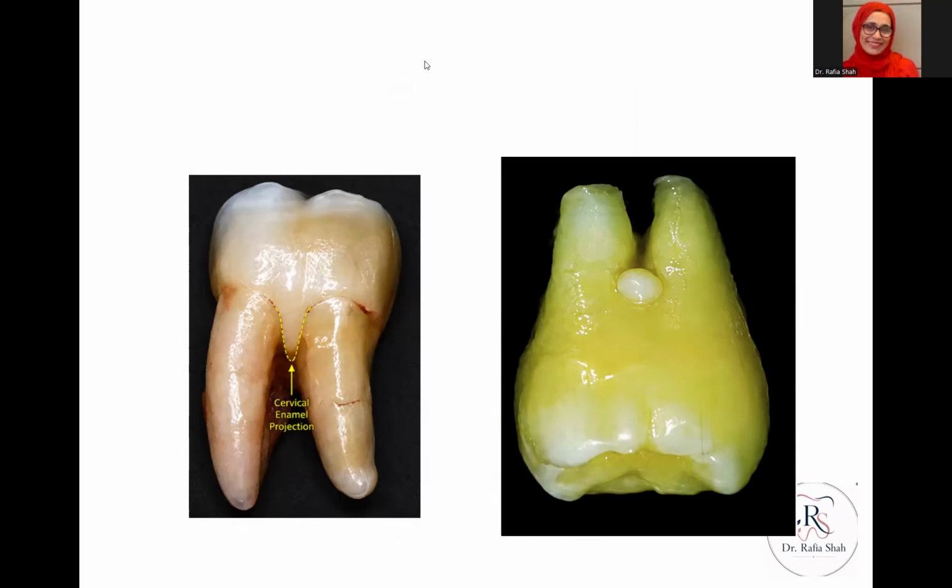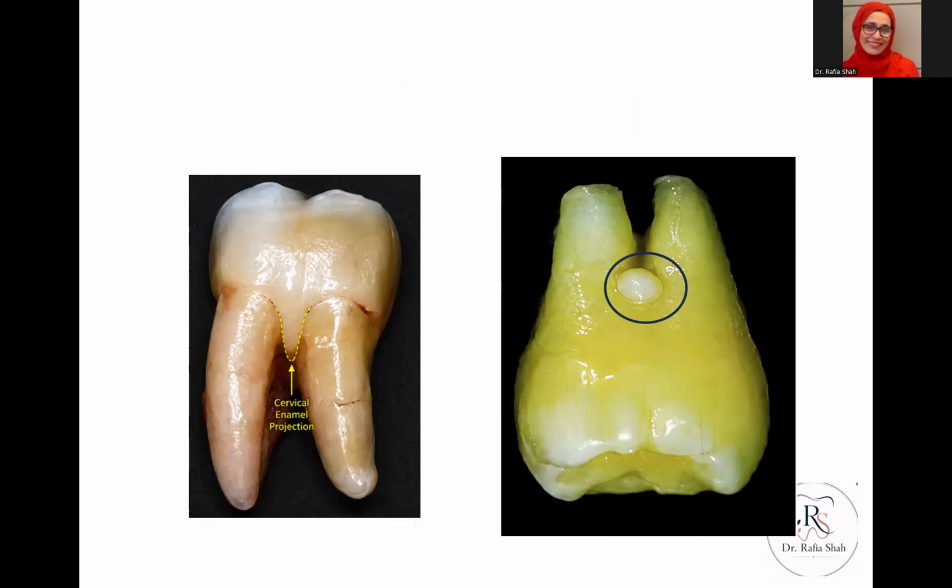There are so many other variations which can occur in these furcation regions due to anatomic variations. They can be cervical enamel projections. There can be the presence of enamel pearls. Then there can be root concavities. They are anatomic variations that cause problems with cleaning.